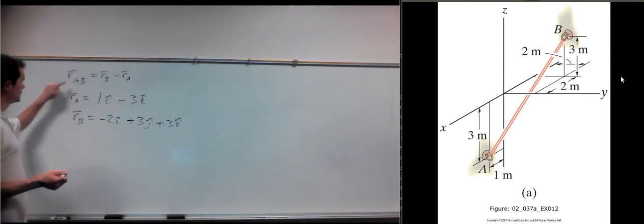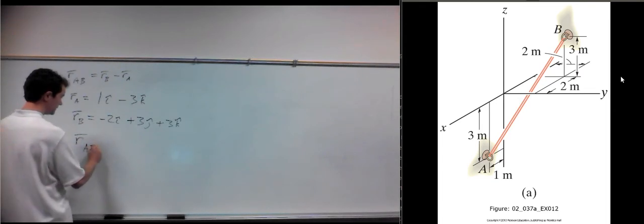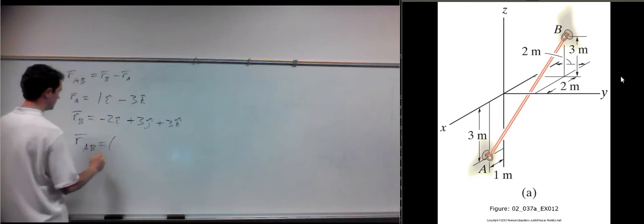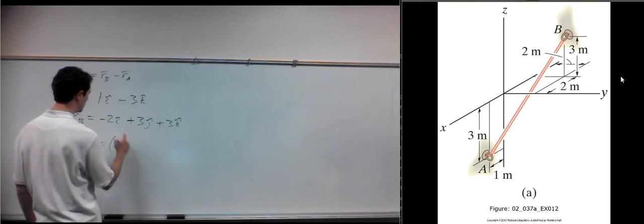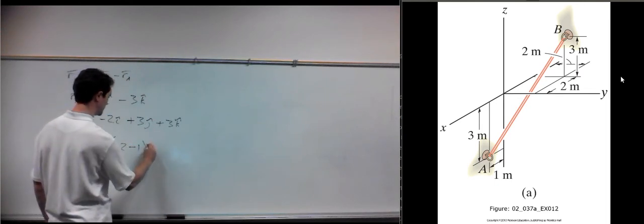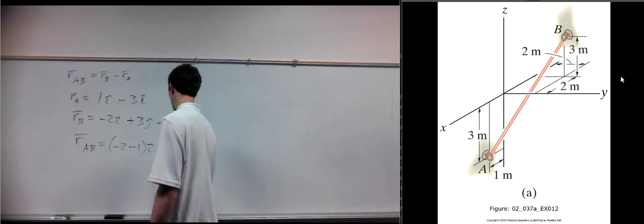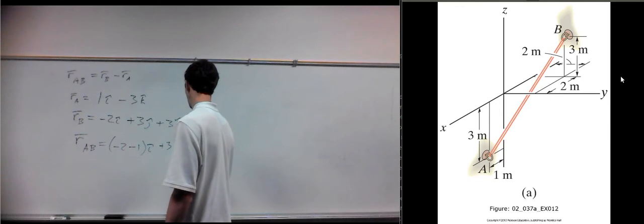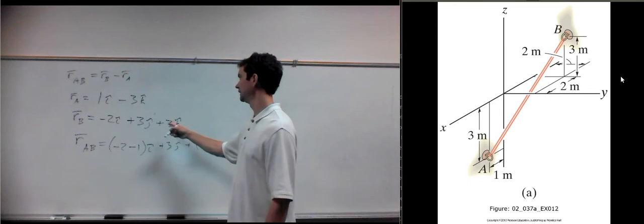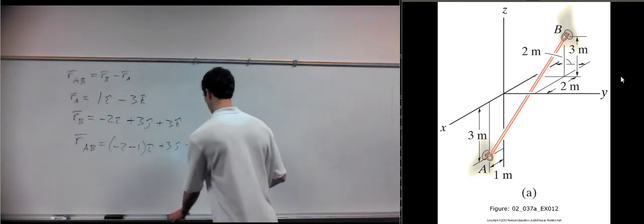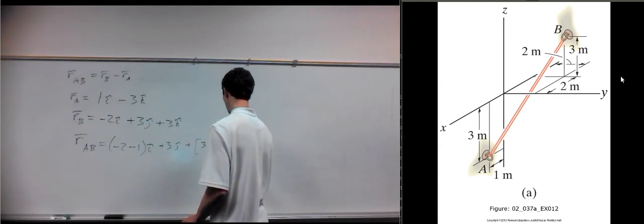So now we have RA and RB, and now we can get the position vector from A to B. And it's B minus A, so -2, -1 in the I, and then plus 3J plus 3, and then this is minus a -3, so go ahead and write that out. Minus -3.